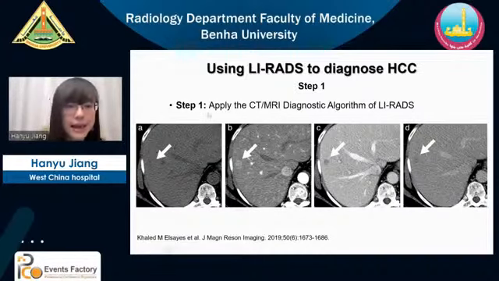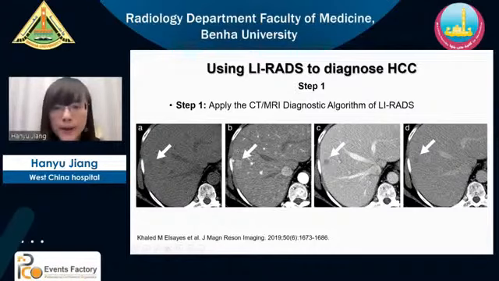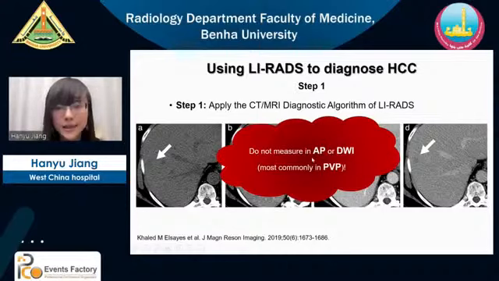So in this case, we can find a hepatic nodule with arterial phase hyperenhancement and washout appearance in segment 8 of this patient. Note that in the arterial phase, the nodule seemed to be bigger, while in the pre-contrast and delayed phase, the nodule became less well appreciated. So it's better to measure the lesion size on the portovenous phase images. So do not measure in AP or DWI, most commonly in PVP.